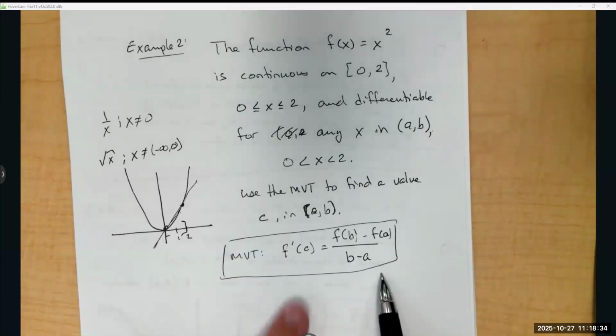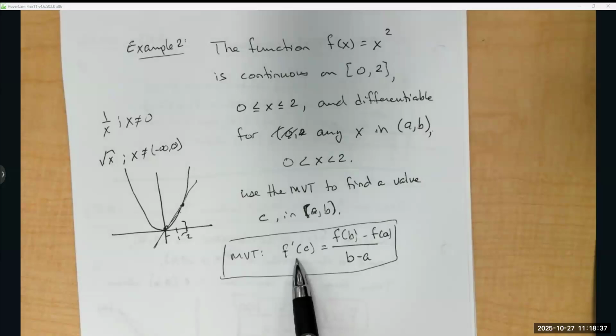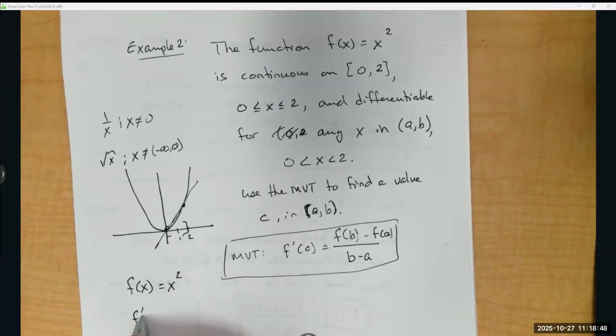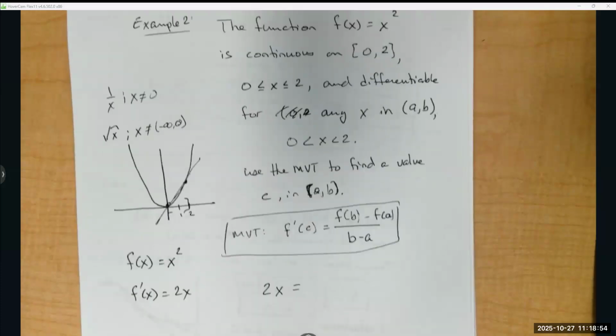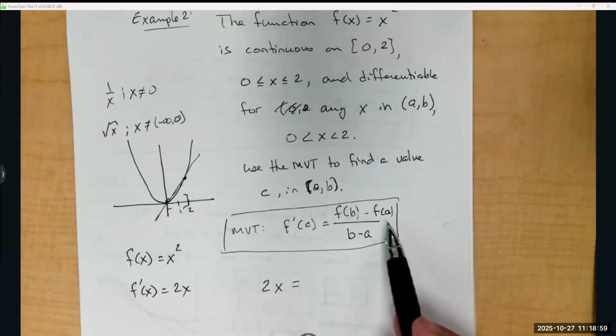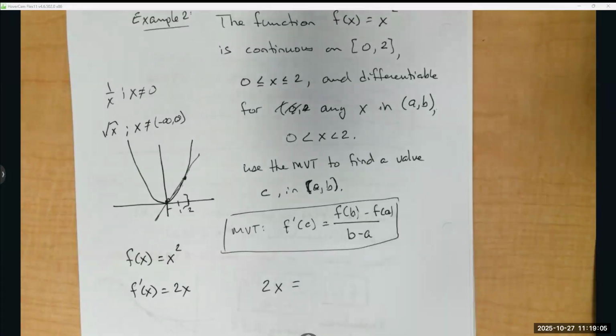So look at this. What do we have to do first? We have to find what first on the left side? The derivative. So we have f of x is x squared, so we have to find the first derivative, which is 2x. On the other side, we have to find f of b, f of a, and b minus a.